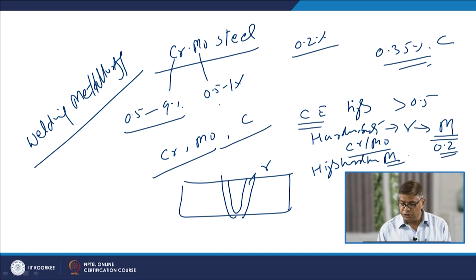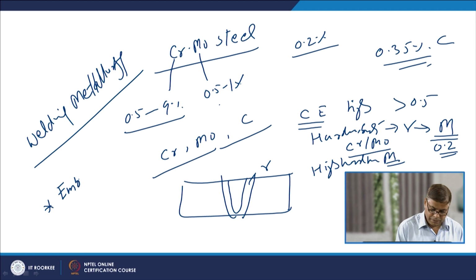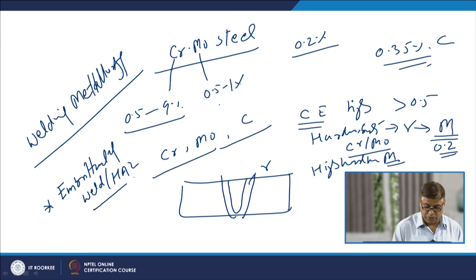One of the issues related with the formation of high hardness martensite is the embrittlement of the weld as well as the heat affected zone, and because of this embrittlement there will be a tendency for cracking.